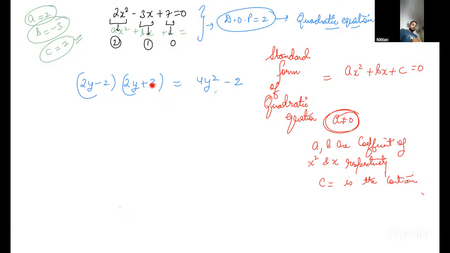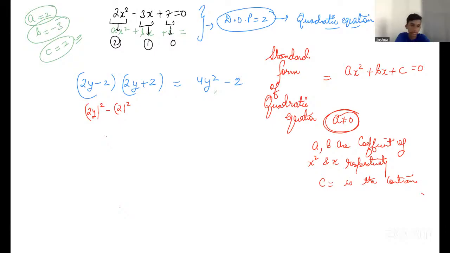So what is the identity? a square minus b square. So it will become a square, which is 2y square, minus b square, which is 2 square. Did you understand? Anybody has any doubt? Please ask me. Understood, sir.